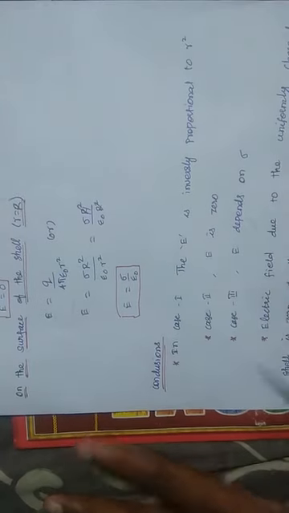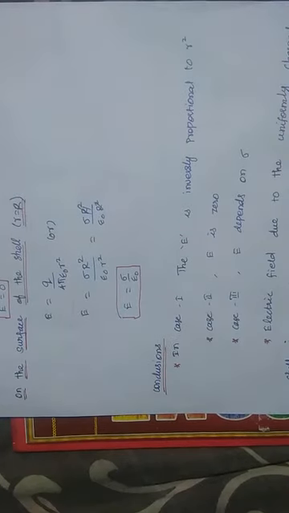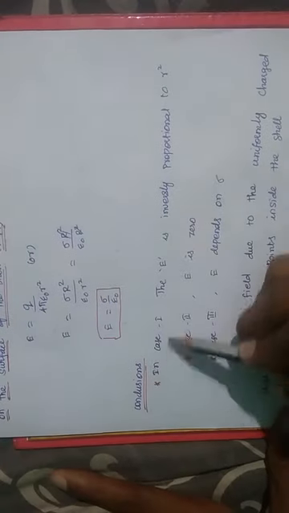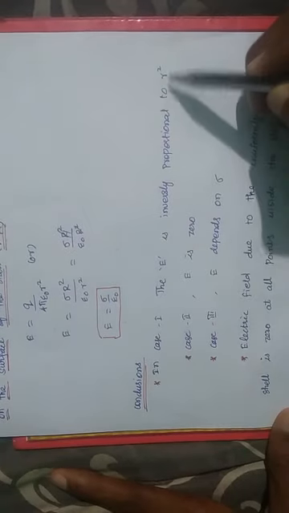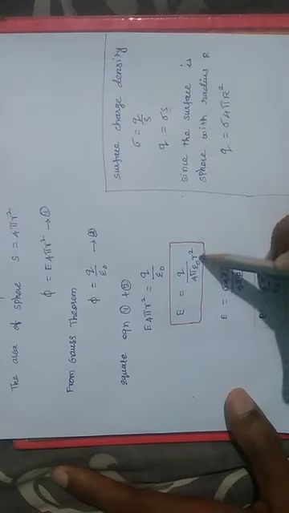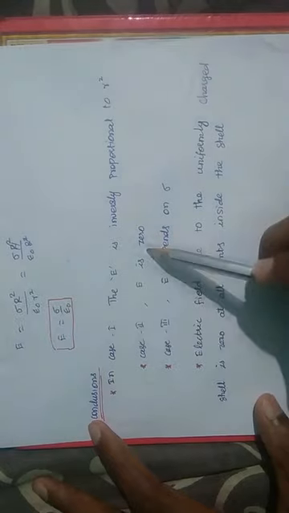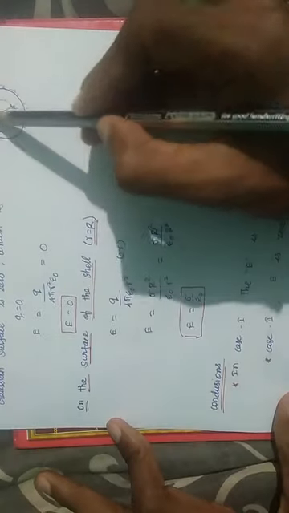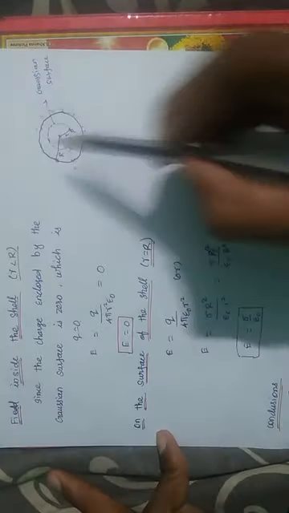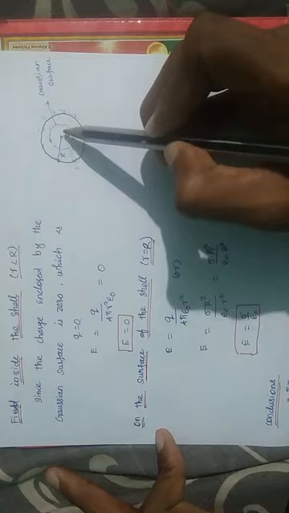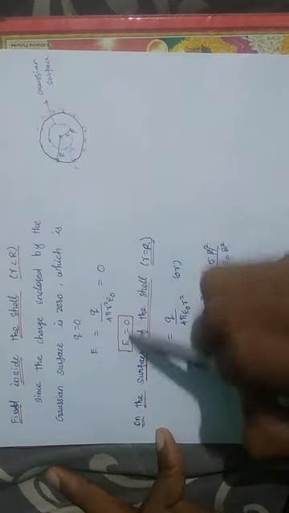What are the conclusions we can give for this set of expressions? In case 1, the E value is inversely proportional to r square. In case 2, E is 0 because the charge enclosed by the Gaussian surface is 0, so the electric field value is also 0.